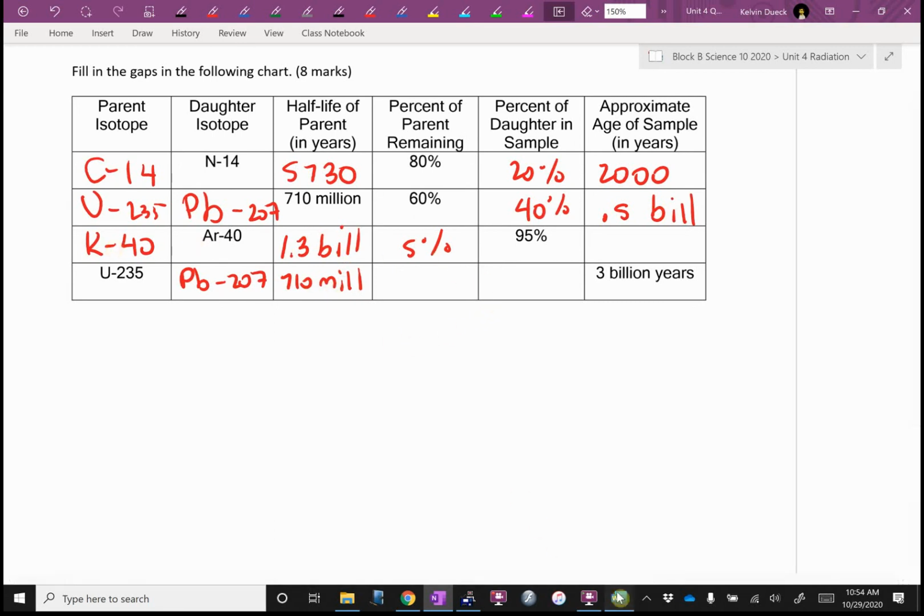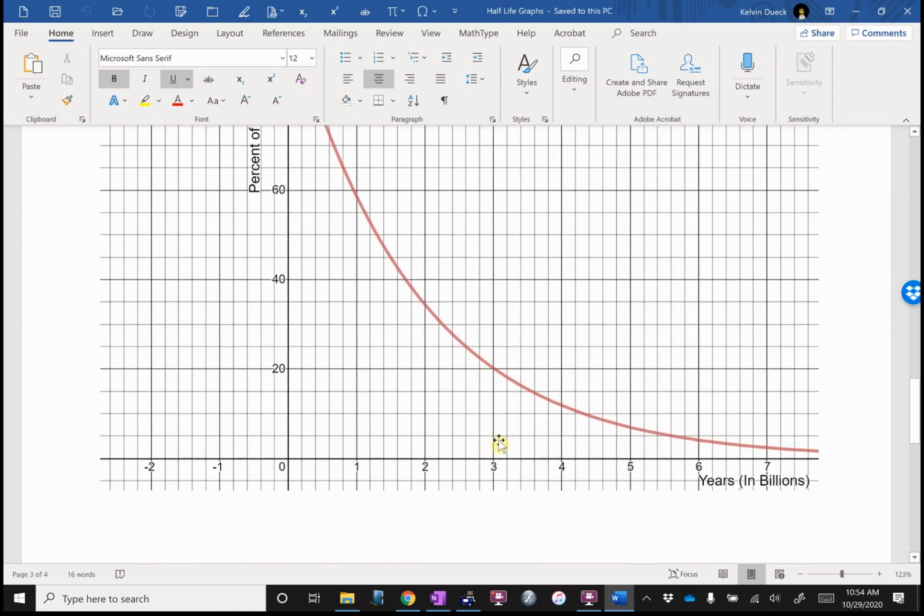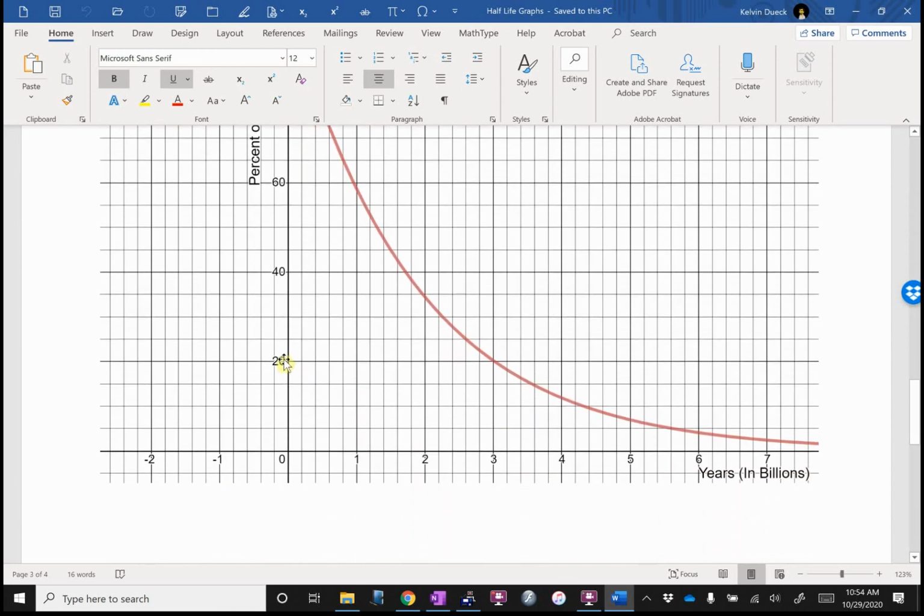Potassium, 45%. Where's potassium? There it is. I guess halfway between 0 and 20, 10 would be right there. So I think 5 is right there. I said 5.3. I said 5.4. Here's what I would take. 5.32.